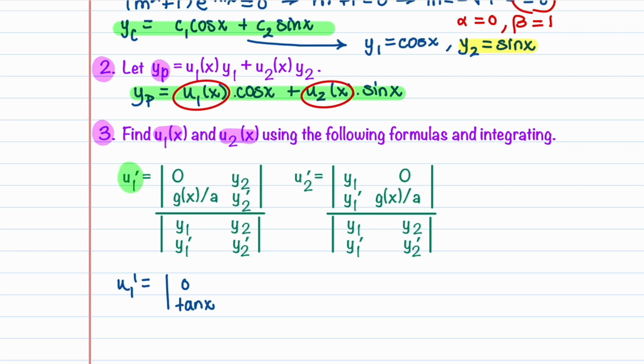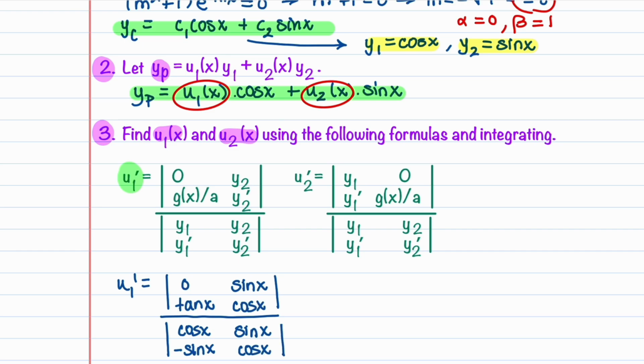It is sine x, and the derivative of sine x is cosine x. And then in our denominator, we have y1, which is cosine x, and the derivative of cosine is minus sine x. And then we have y2, which is sine x, and y2 prime, which is cosine x.